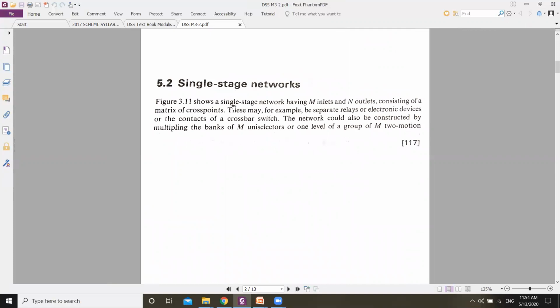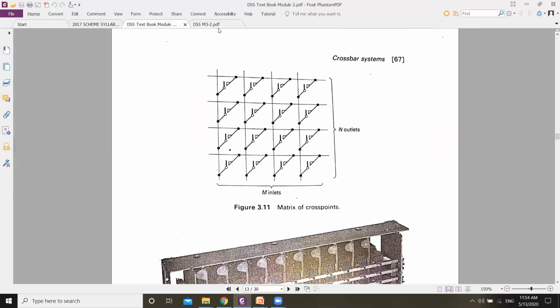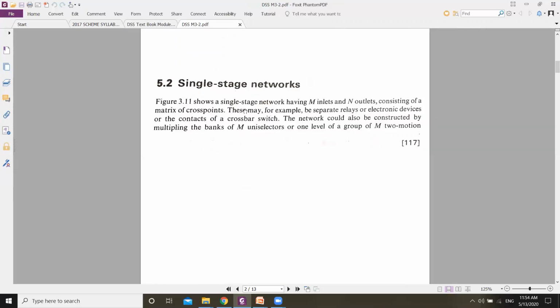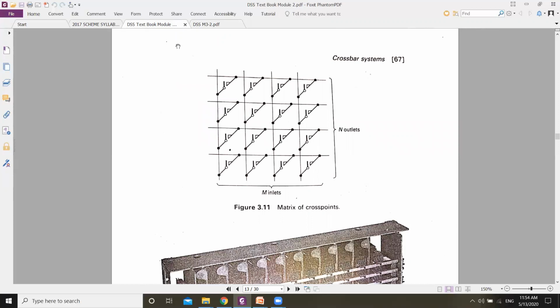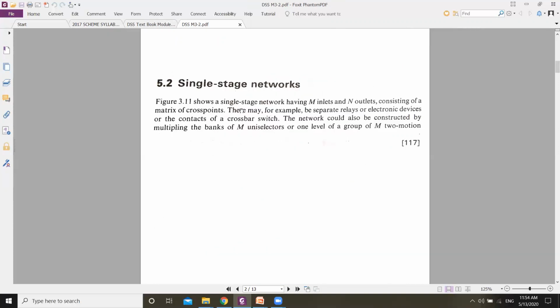The figure 3.11 shows a single stage network having m inlets and n outlets, consisting of a matrix of crosspoints. You can see over here at each and every corner we have a crosspoint. So it is a matrix of crosspoints.